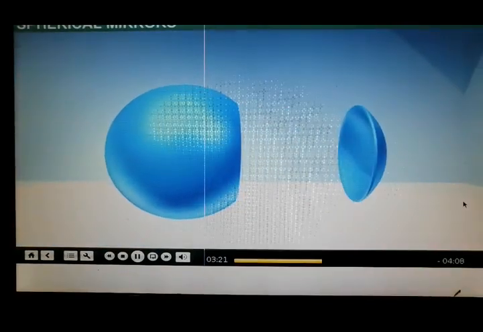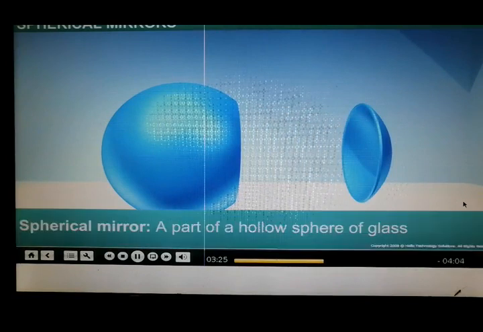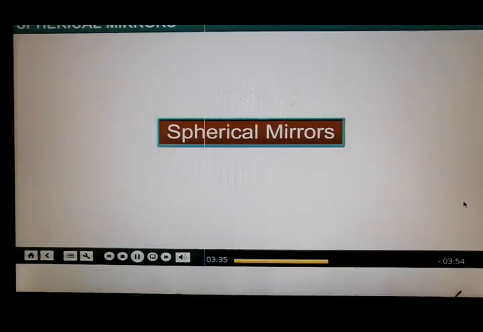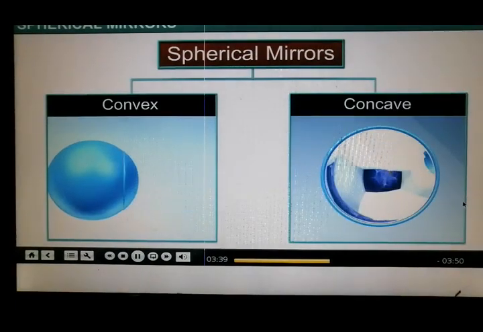Now let us take a look at images formed in spherical mirrors. A spherical mirror is made from a part of a hollow sphere of glass. In other words, it is a plain glass bulging inwards or outwards. Spherical mirrors are further classified as convex and concave mirrors.